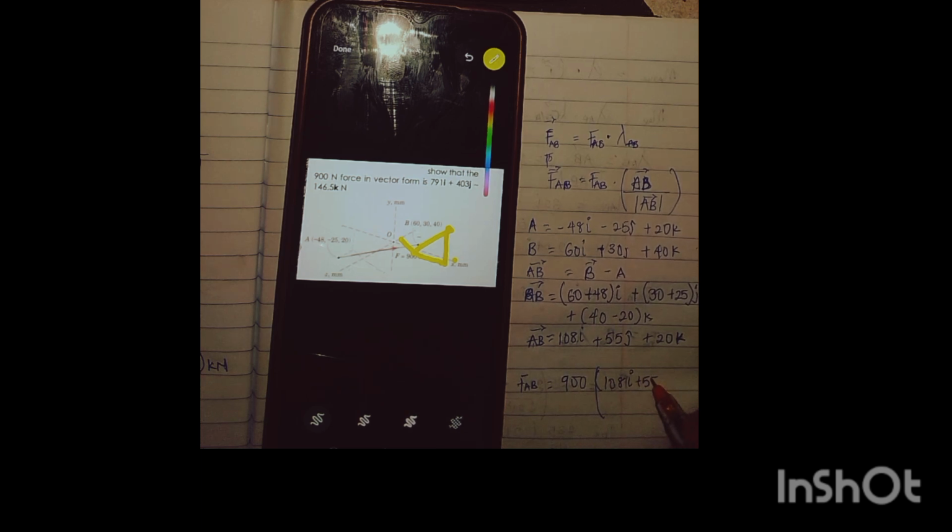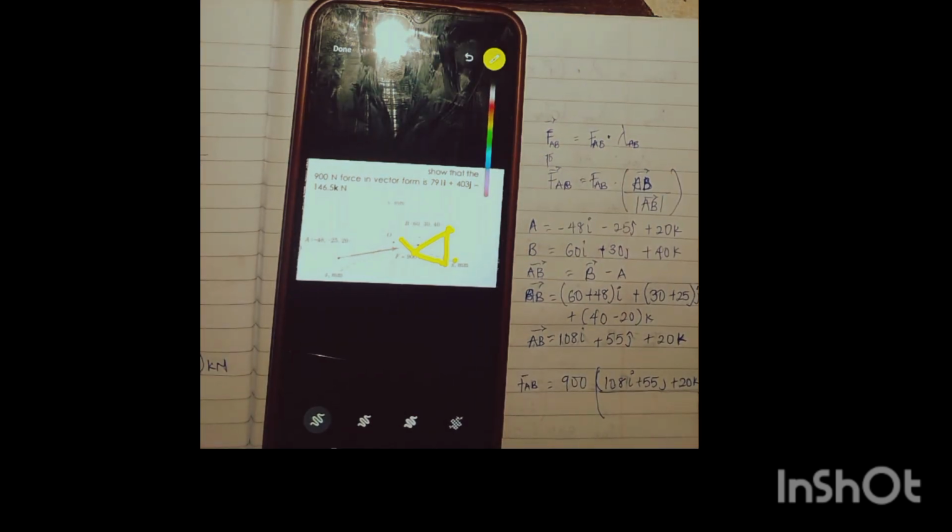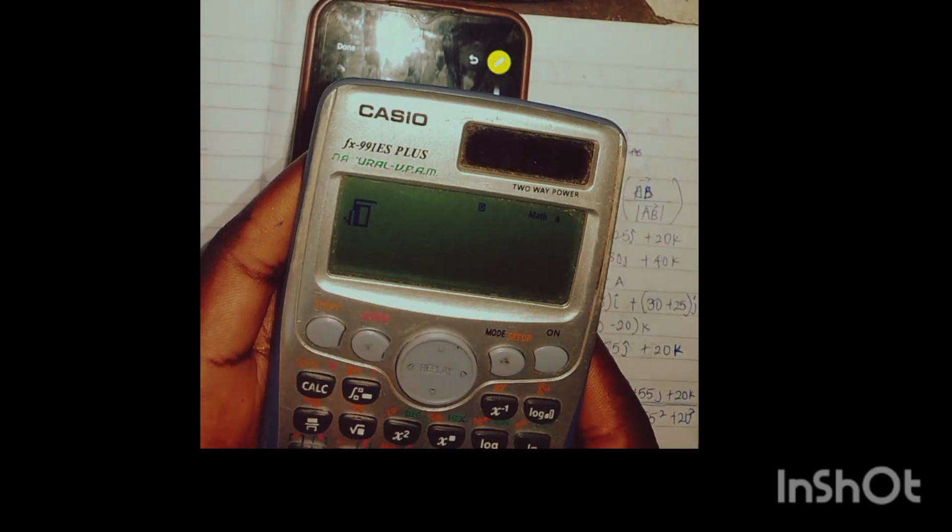So that's 900 into bracket this position 108 in i direction, plus 55 in j direction, plus 20 in k direction over the magnitude of this, that's the square root of 108 squared plus 55 squared plus 20 squared. So we'll be having 108 squared plus 55 squared plus 20 squared, then the square root of this.